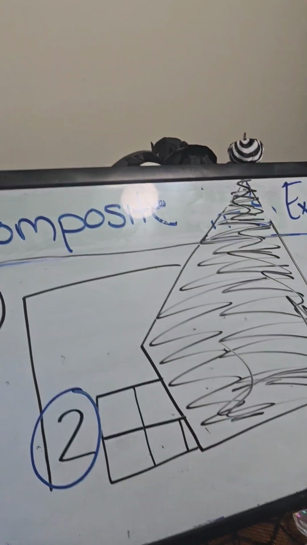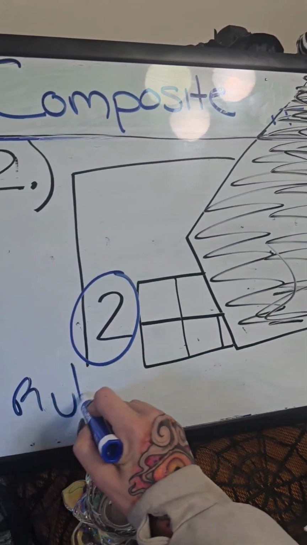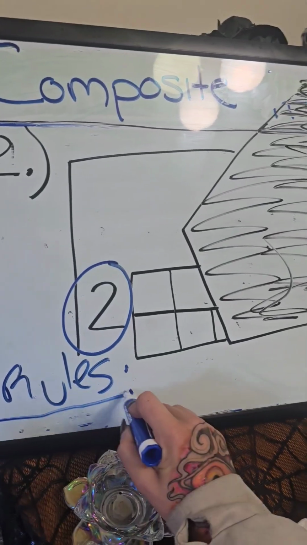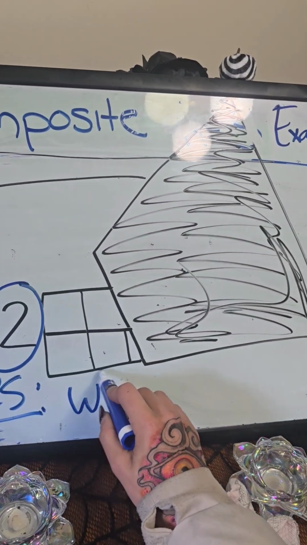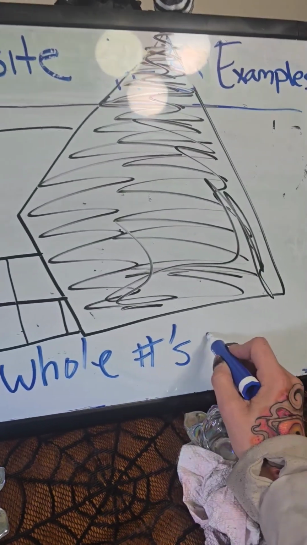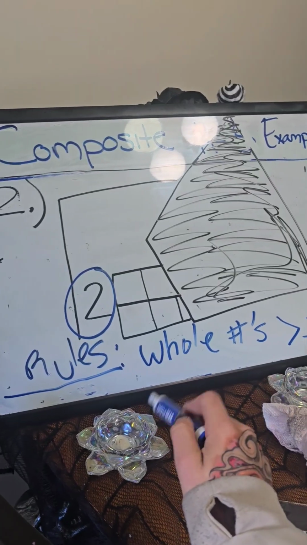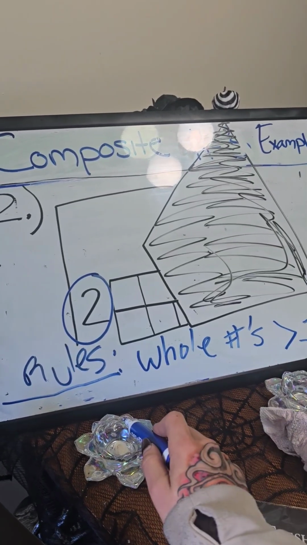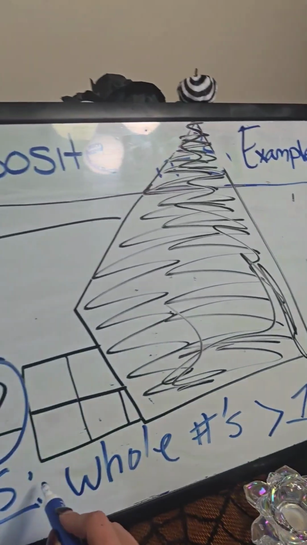What are our rules for composite numbers? Let's go over that. The rules for composites, okay? They have to be what? Whole numbers greater than 1. Okay, most important is that it's a whole number, meaning there's no decimal or fraction. So that's rule 1.